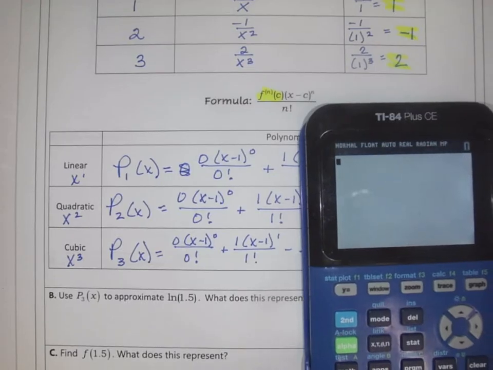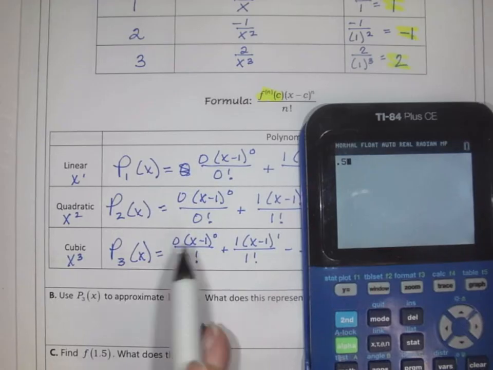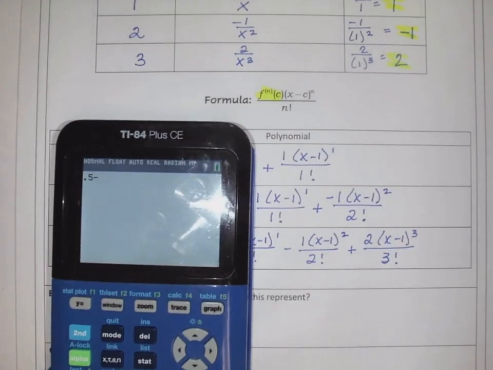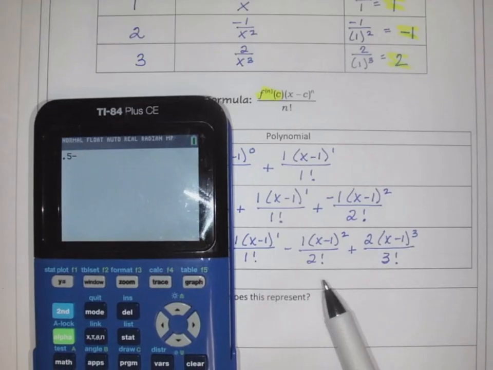I think so. Okay, so this first term, because it's multiplied by 0, is just 0. So I'm going to ignore this first term. So then I have 1 times, okay, so 1.5 minus 1 would be 0.5. So it'll be 0.5 to the first power, which is 0.5, divided by 1 factorial, which is 1. So I'm going to keep that, minus, so now I'm going to plug in this term.